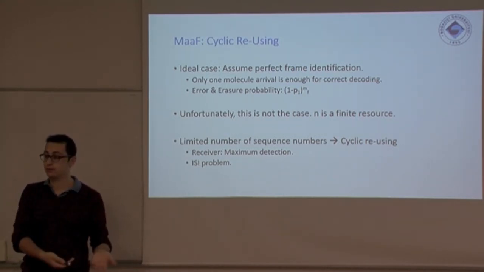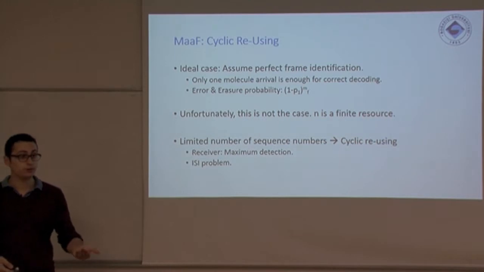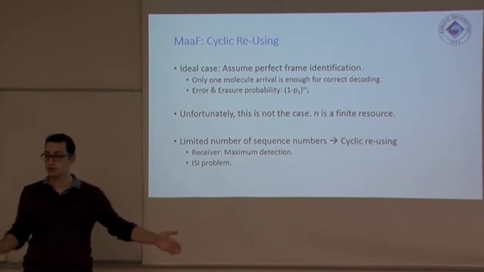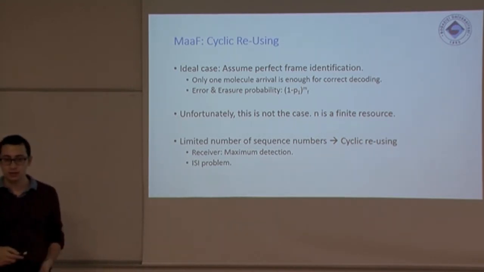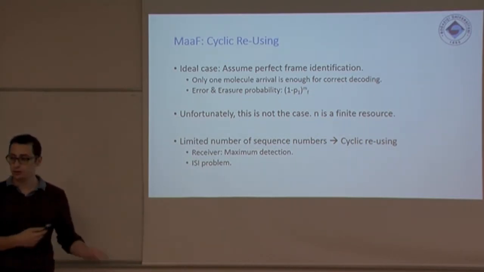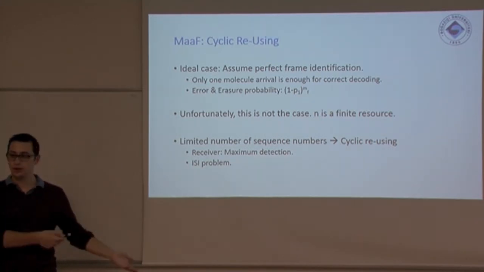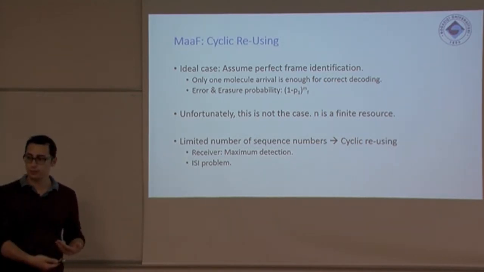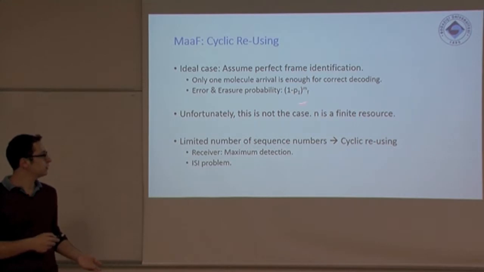When these molecules arrive at the receiver, it can perfectly decode the time and rearrange them in the correct order and say that this message was that. This is excellent. And the only probability of error in this case is if none of these MF molecules that we transmitted have arrived at the receiver, right? So we send MF molecules. They arrive with a probability P1. So this is the expression.